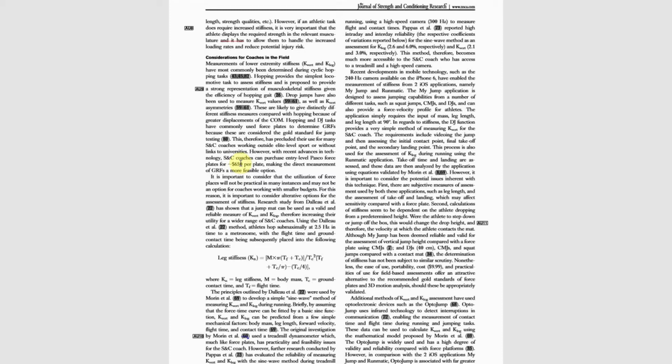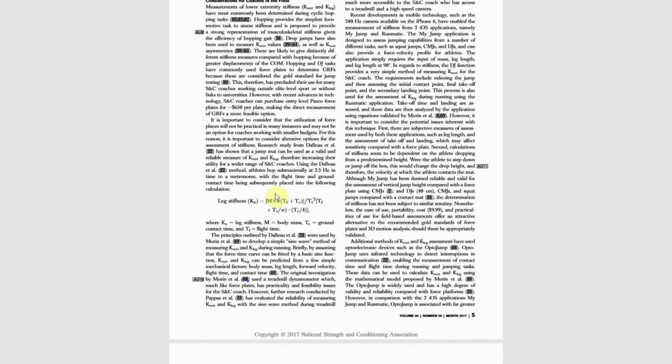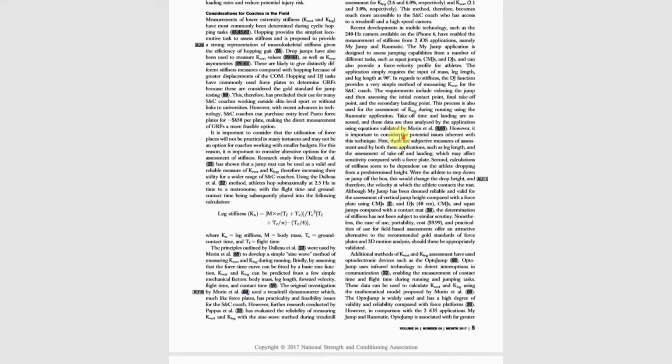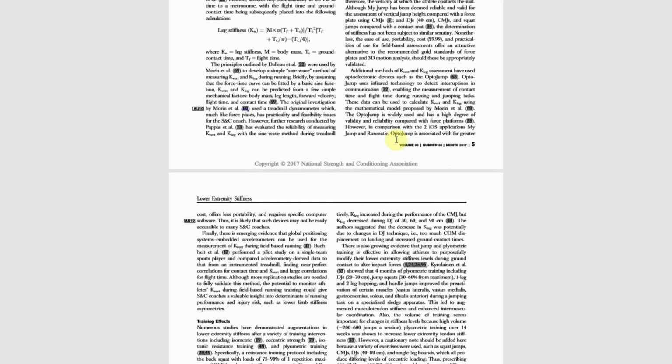However, if this is still not an option in terms of it being too expensive, a number of valid alternative methods have been studied in the literature, with the use of jump mats, infrared technology, treadmills with high-speed cameras, and even iPhone technology, therefore making the measurement of lower extremity stiffness a little bit more accessible for the strength and conditioning coach.